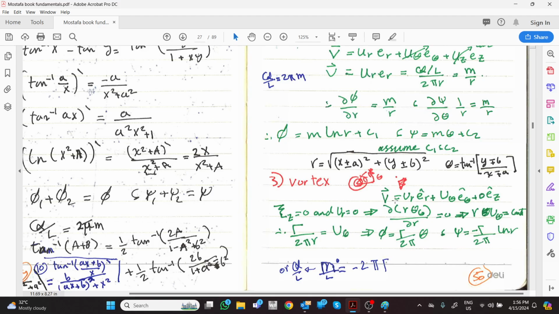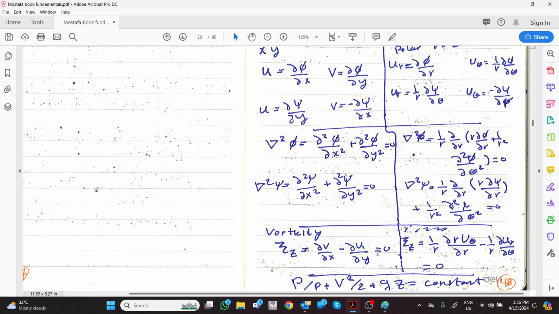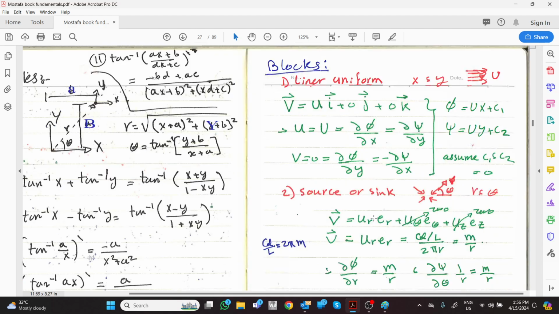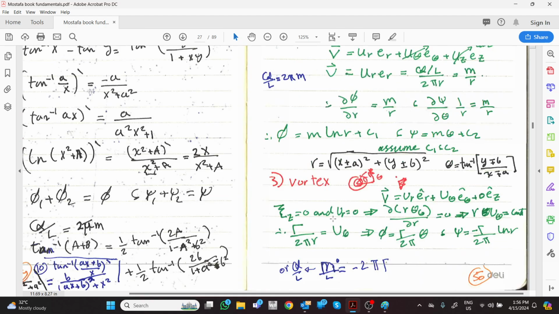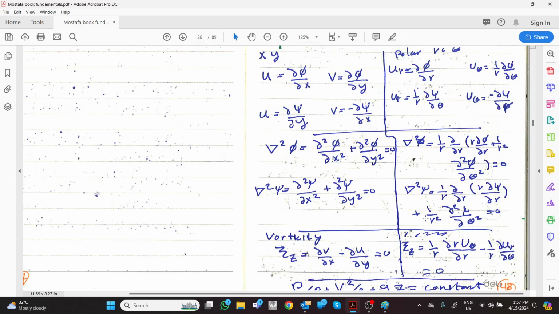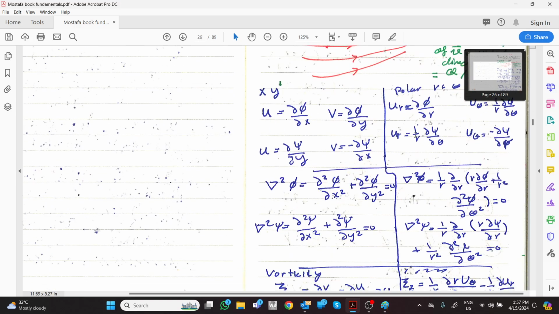So we'll use the same V equals u_r e_r plus u_θ e_θ, and 0 in the z direction. We know from this definition that the vorticity should be equal to 0, which means u_r should equal 0. In this case, we cannot have a velocity in the radial direction, otherwise it will be rotational flow. So based on this, u_r equals 0.